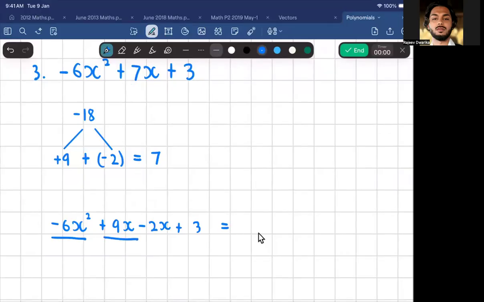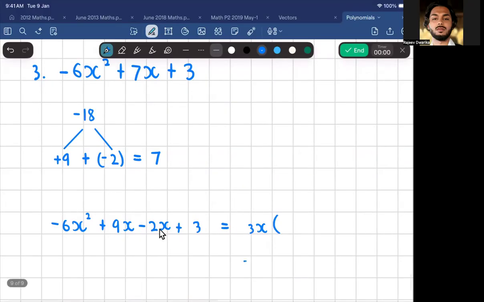Is there anything in common between minus 6x squared and 9x? The x's for sure. And is there any number that could go into both 6 and 9? 3. Right. So I'm going to write 3x over there. What would I need to multiply? So I have two routes you could do this.